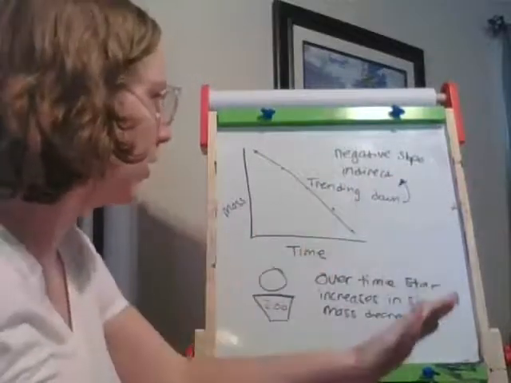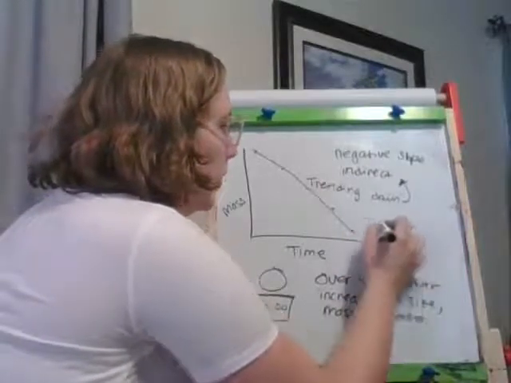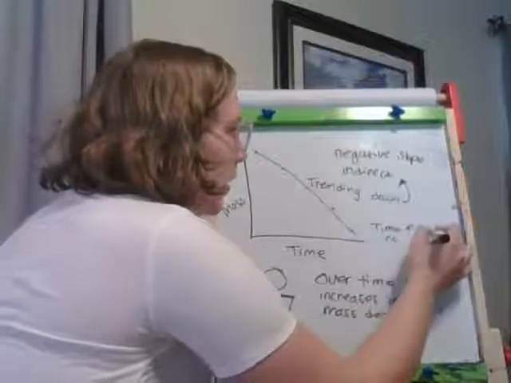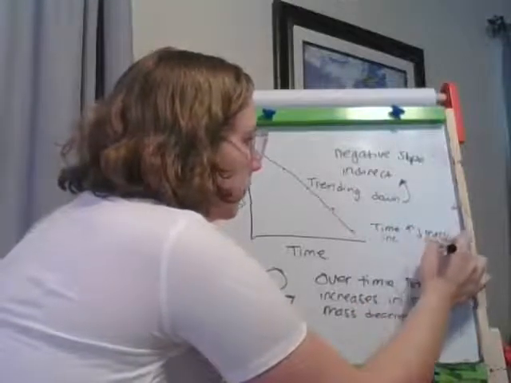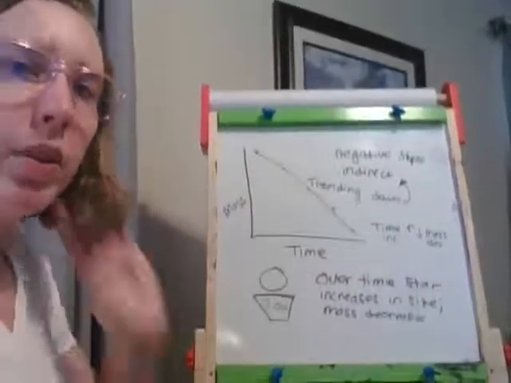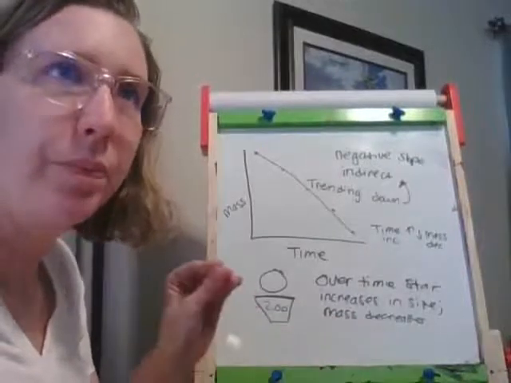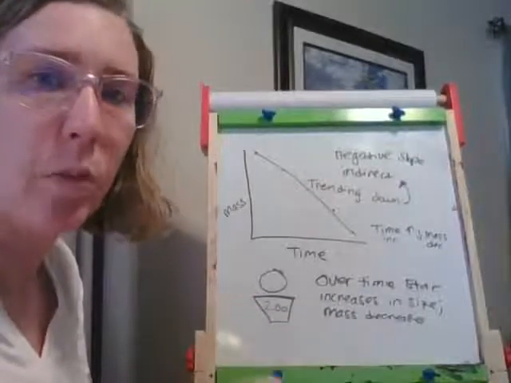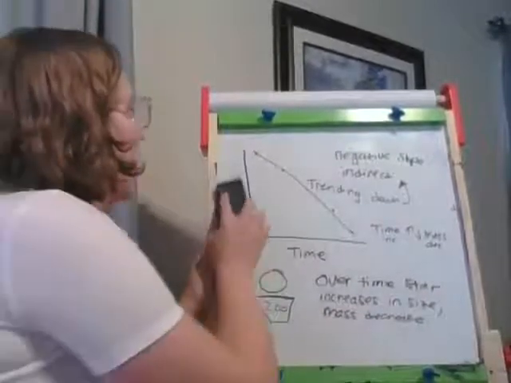As time increases, mass decreases. Okay, indirect relationship. So that is how you're going to mathematically represent what is happening to the mass of the star over time.